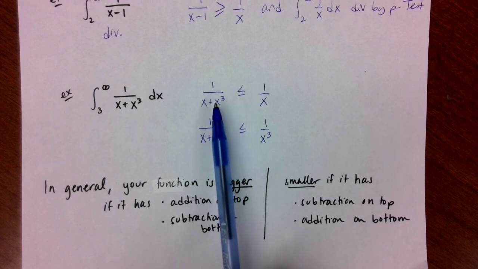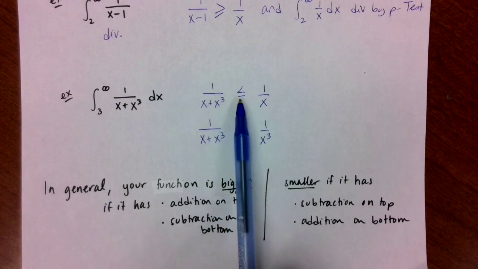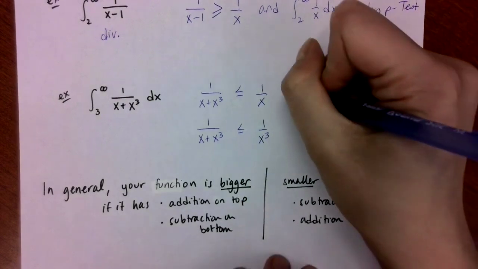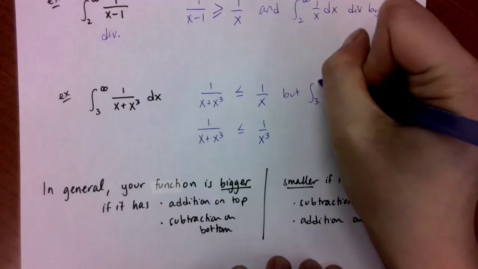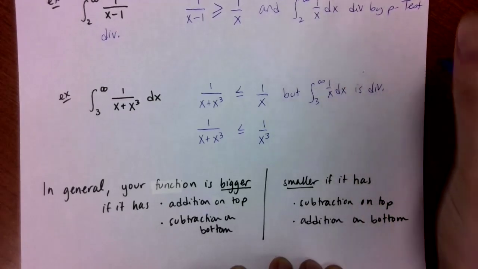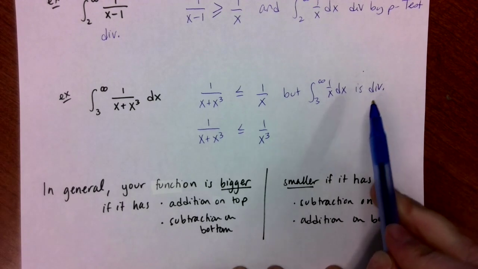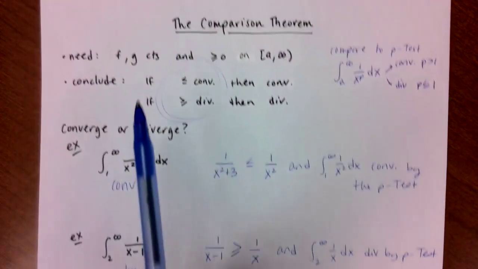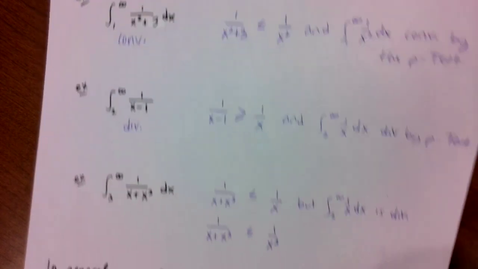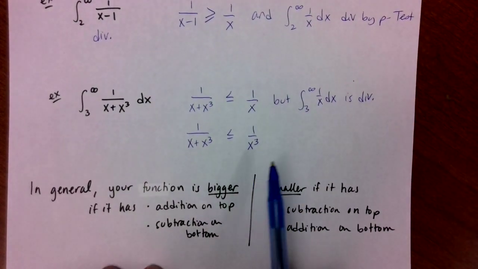The issue with the first one is that we're saying we're less than or equal to 1 over x, but the integral of 1 over x is divergent. Less than or equal to divergent isn't helpful. We need to be less than convergent or greater than divergent. Those are the only combinations that are conclusive for this test.